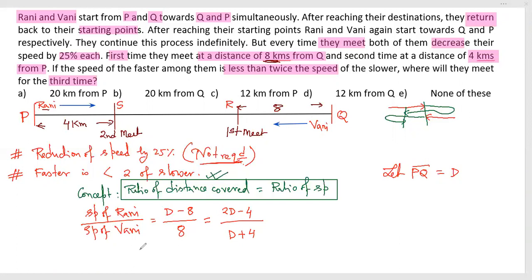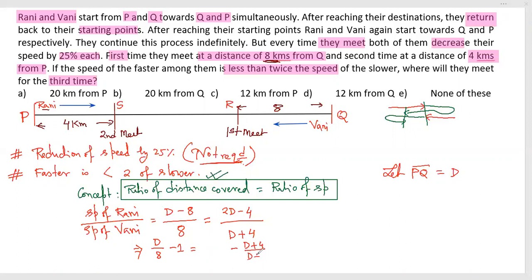Now to get the value of D, I will apply another technique to make it faster. Understand the technique: D by 8 minus 1, as 8 by 8 is possible. So assume that on the right-hand side also I fit minus 1, that is minus 1 minus (D plus 4) by (D plus 4).